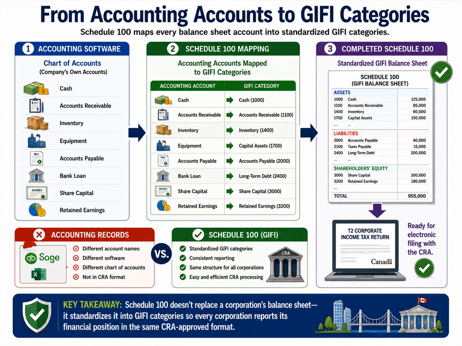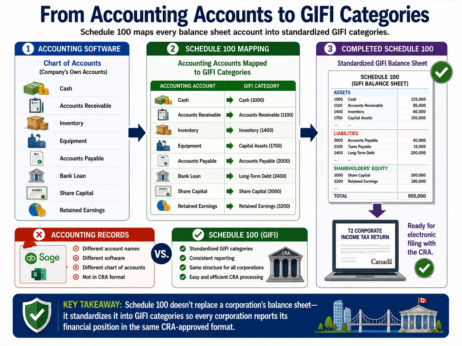Next, each account is matched to its appropriate GIFI category. Cash is mapped to the GIFI category for cash. Inventory is mapped to the inventory category. Equipment is reported under capital assets. Bank loans are classified as long-term debt when appropriate, and retained earnings are reported under shareholders' equity.